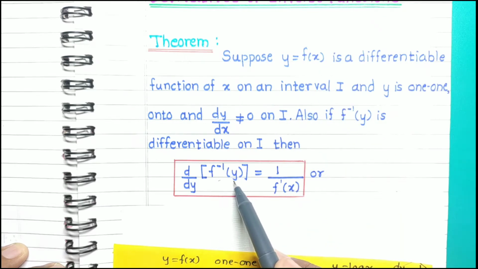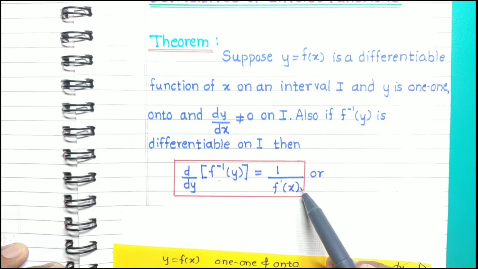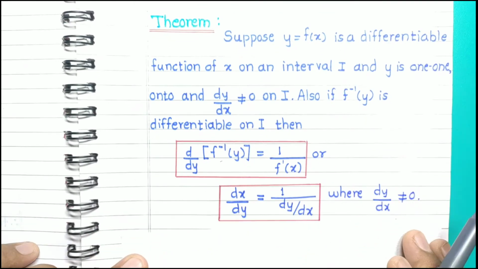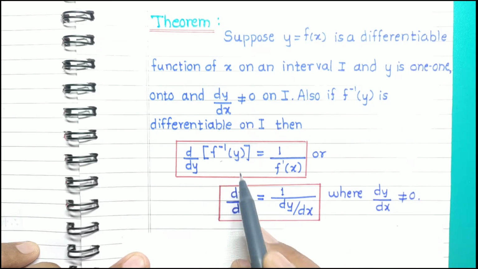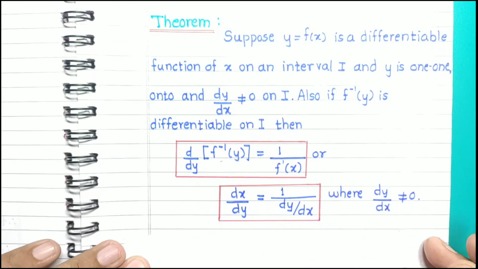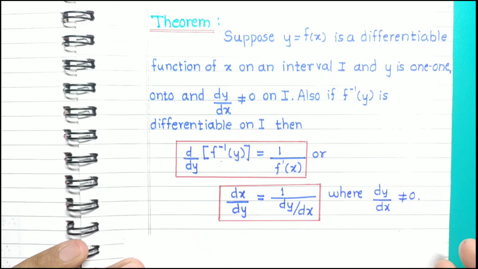Since f inverse of y is nothing but x, we can write this result as dx by dy is equal to 1 upon dy by dx. So this is one important theorem. We are going to use it to solve various examples.